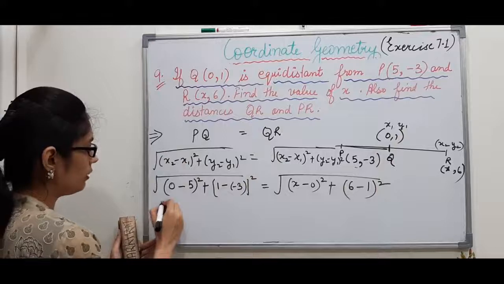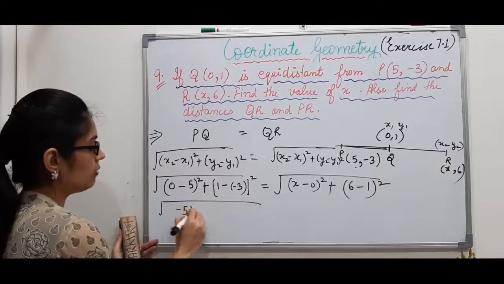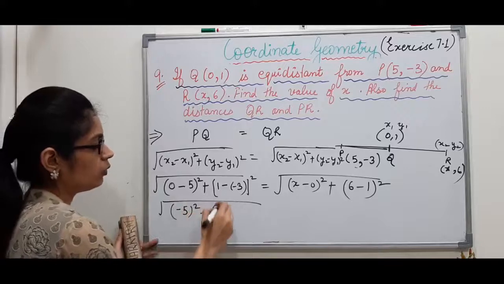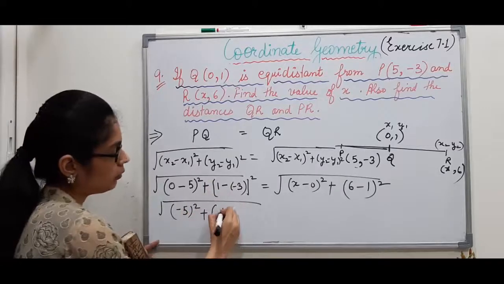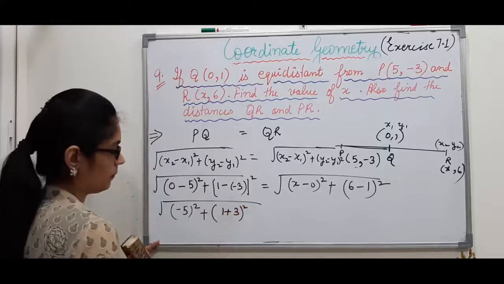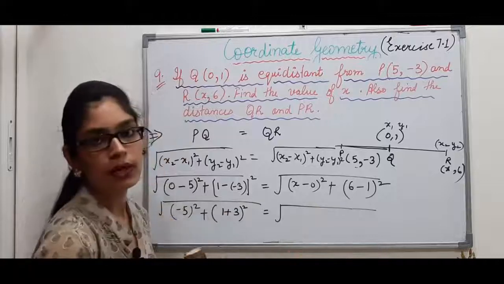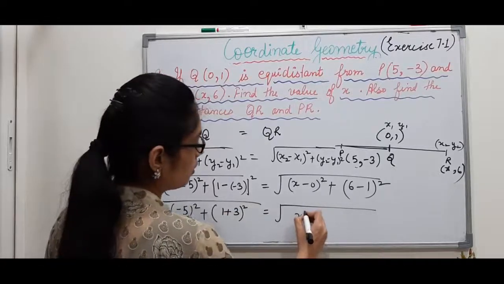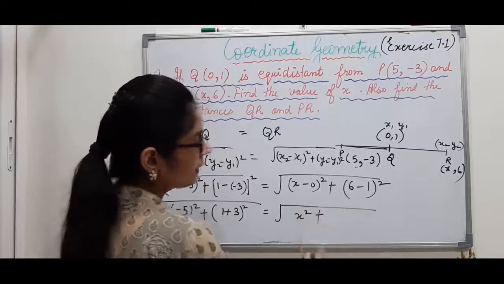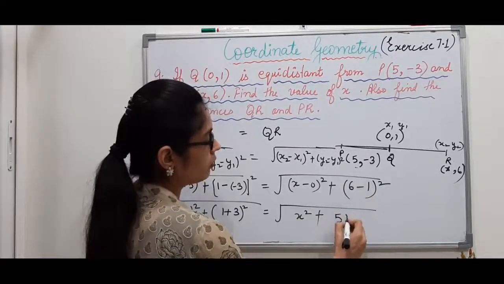Now we have to solve it. 0 minus 5 will be minus 5 whole square. Two minus signs together, minus and minus, it is plus, 3 whole square, is equals to x minus 0 will be x whole square plus 6 minus 1 is 5 whole square.